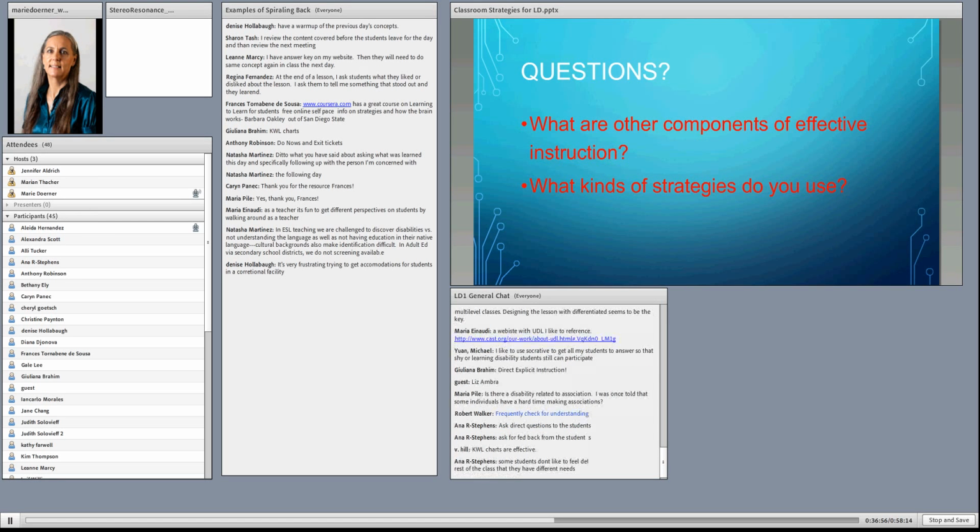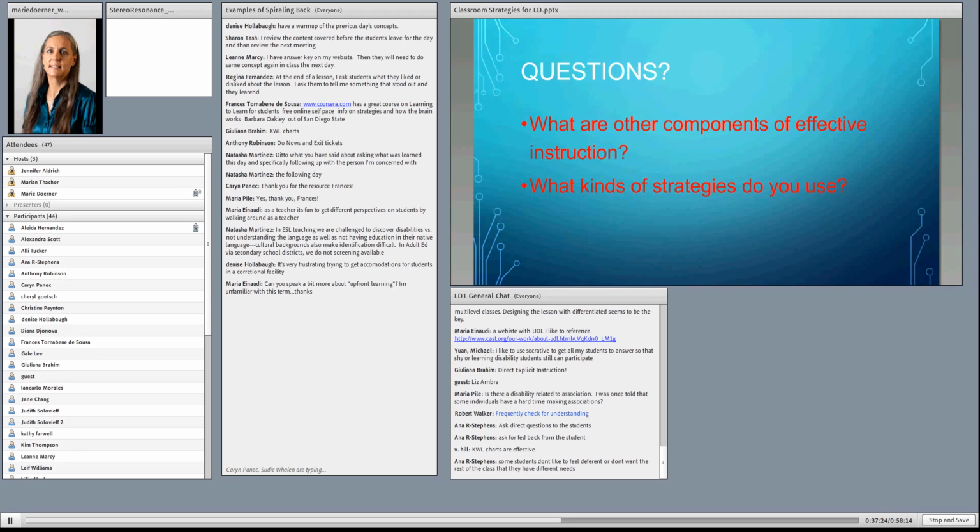And it's frustrating trying to get accommodations for students, also to get students accommodations on the GED and HiSET and the TASC. The new Americans with Disabilities Act is trying to make that better, but I think we still need to keep pushing forward with that.